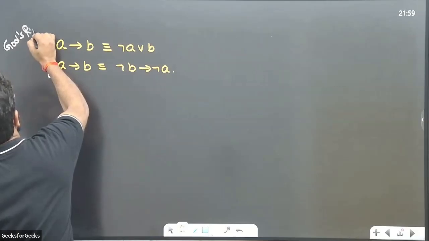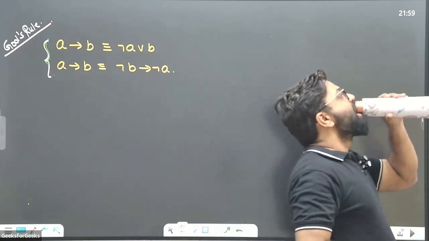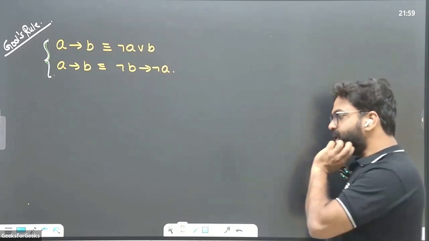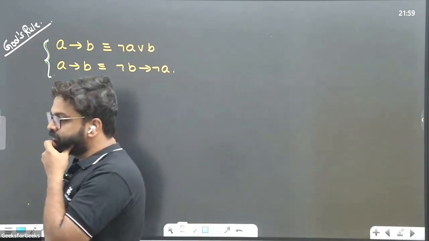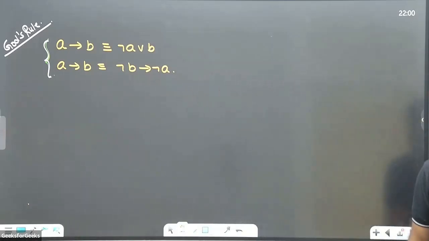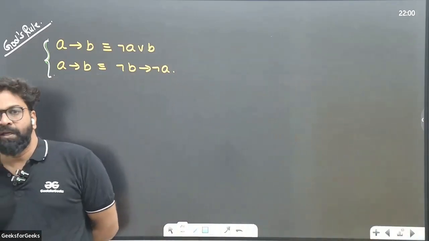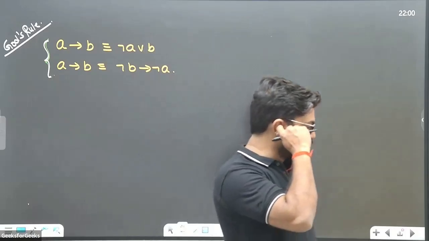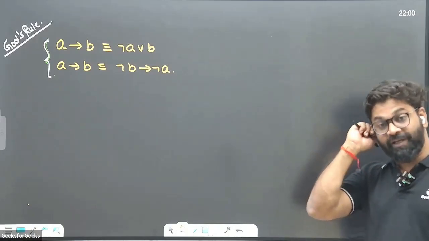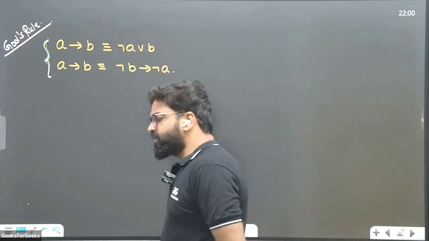I personally call this God's rule, where A implies B is the same as negation of A or B, or another way of writing, A implies B is logically equivalent to negation of B implies negation of A. These two rules are very powerful. Whenever you don't understand anything, try to use these two rules. 100% it will help you.